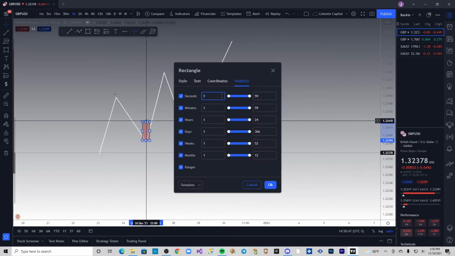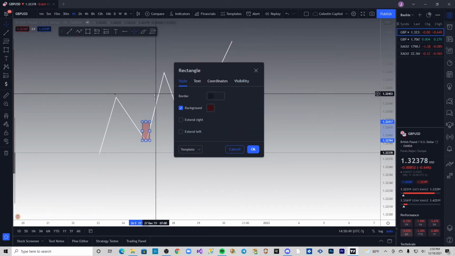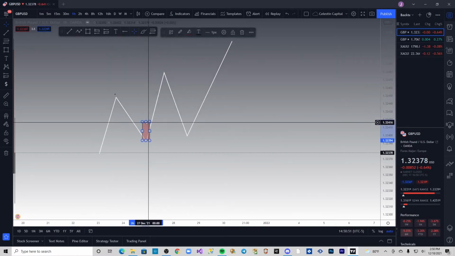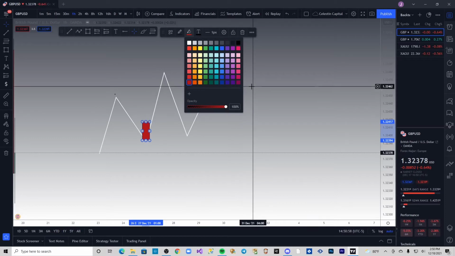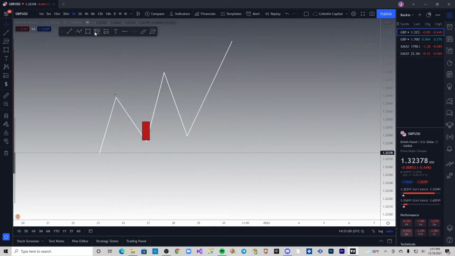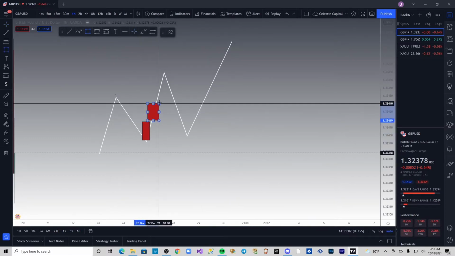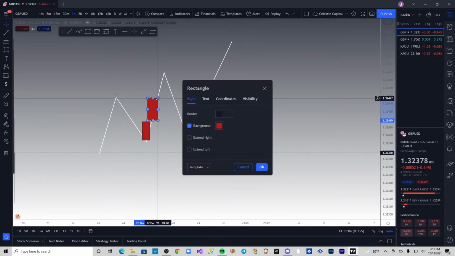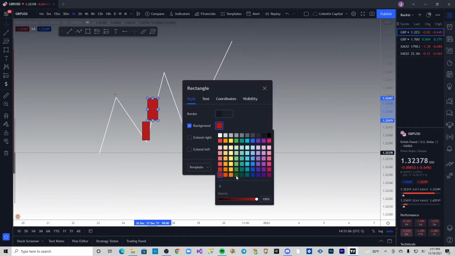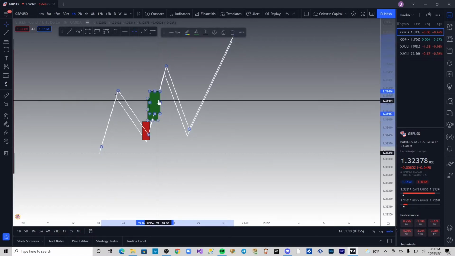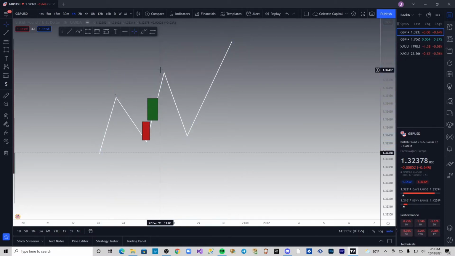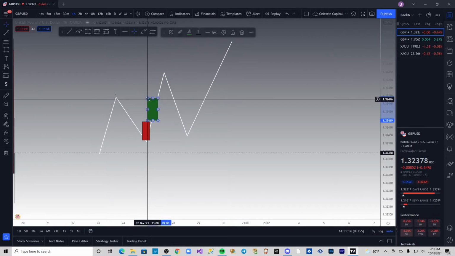We have a down candle, and followed by that down candle, we have a series of up candles. Let's say we have bullish candles. We have bearish candles, and we have bullish candles. We have a series of bullish candles.